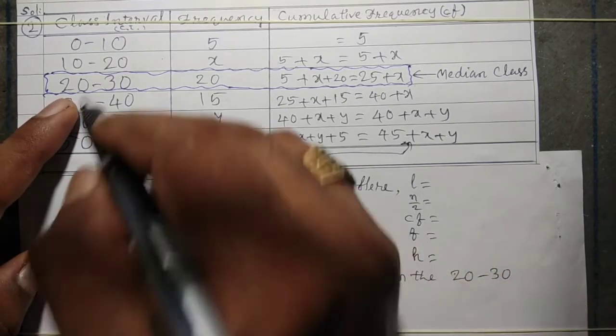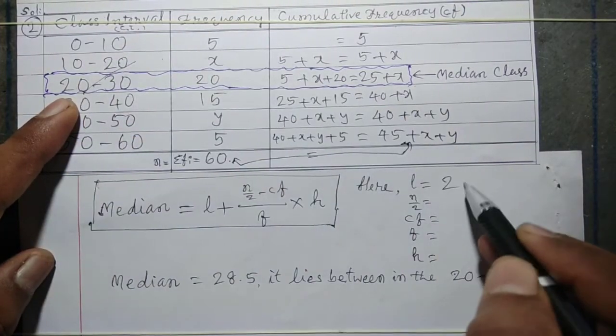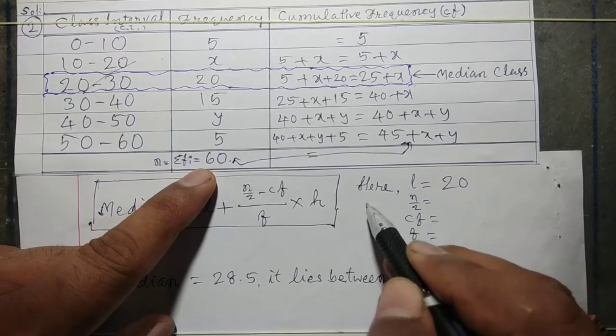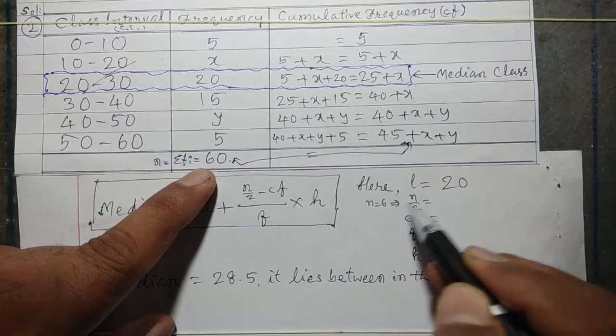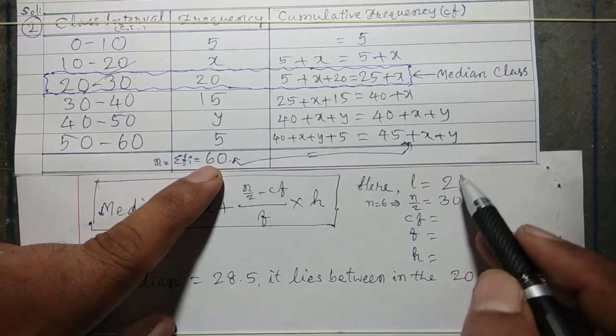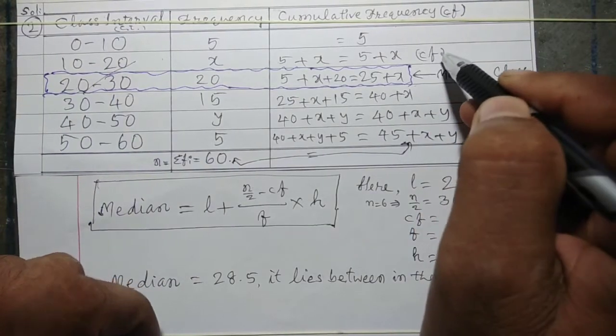So the lower boundary of this median class is the average of these two, 20. n by 2: n is 60, so n is equal to 60, then n by 2 is 30, given. Cumulative frequency, so this is the cumulative frequency.